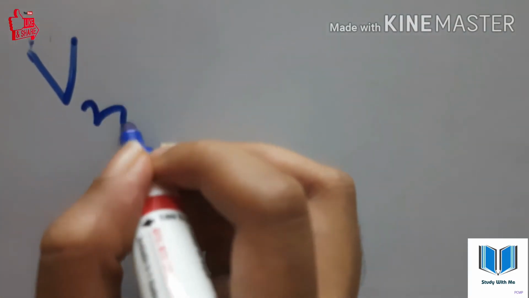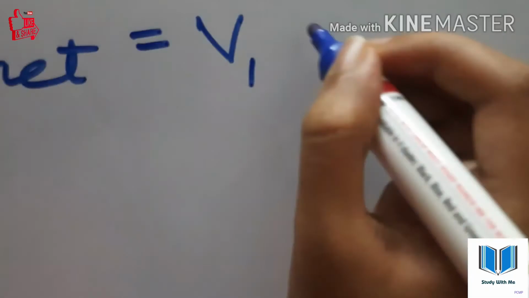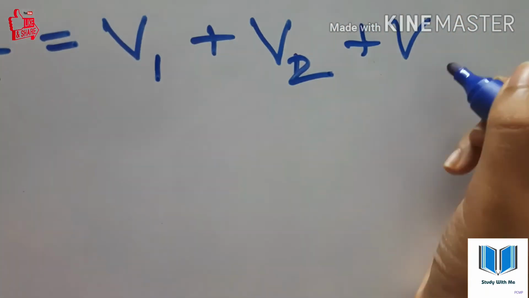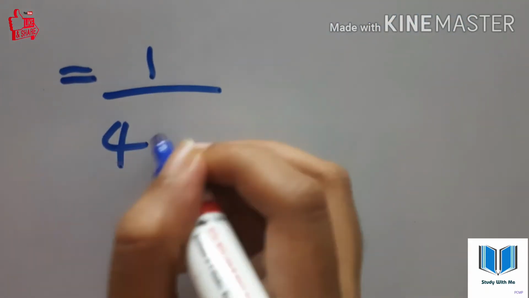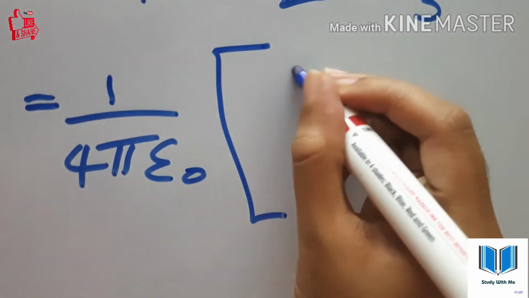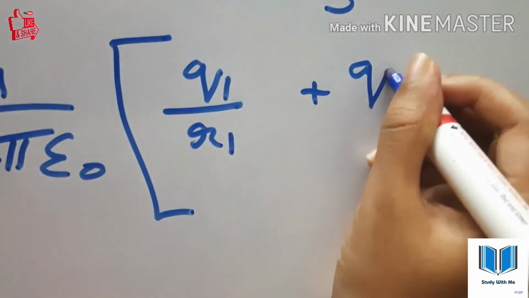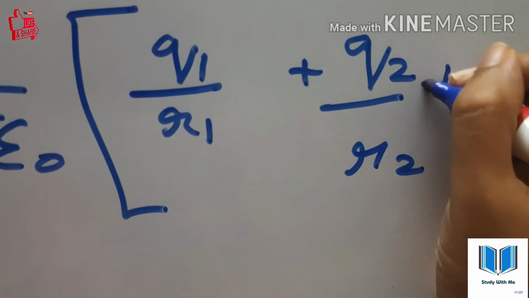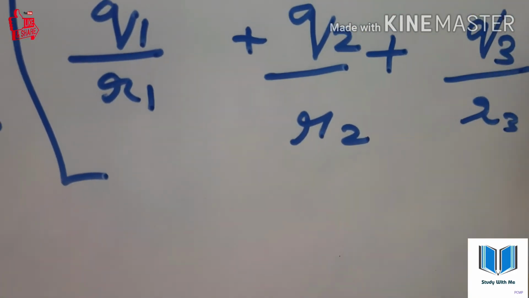This is the formula to find the total potential. If we have only three charges, it is 1 by 4 pi epsilon naught into Q1 by R1 plus Q2 by R2 plus Q3 by R3.